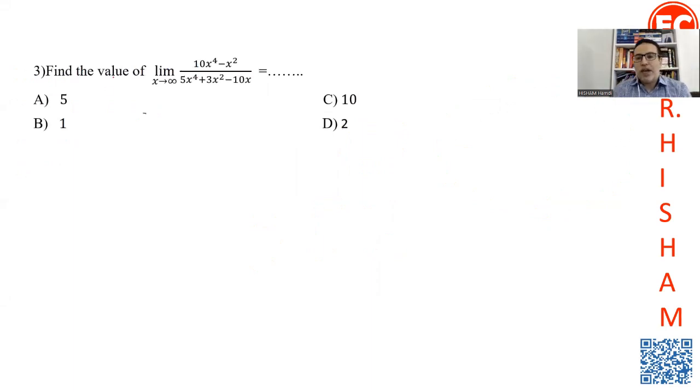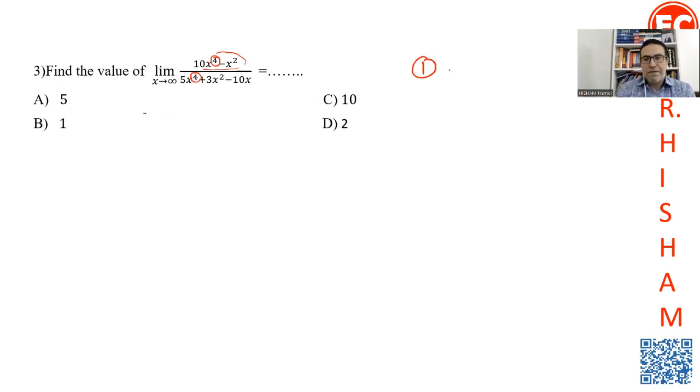Now, let's go to the question on the limit at infinity. Let's understand that we have 3 types for the limit at infinity. The first type is that the greatest power of x up, which is x power 4, and the greatest power of x down is x power 4.